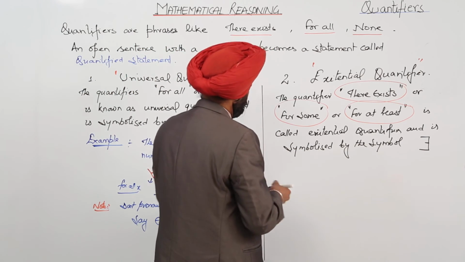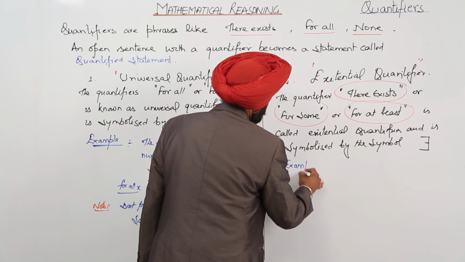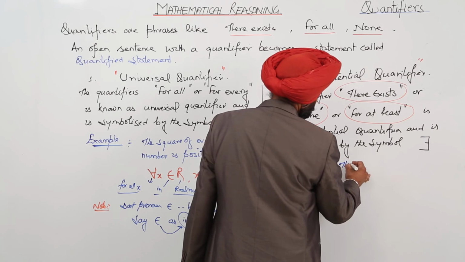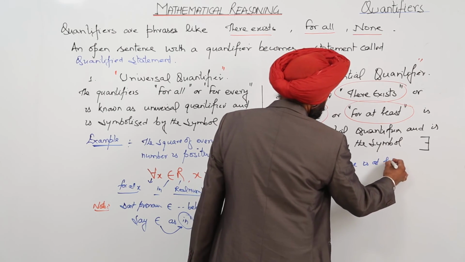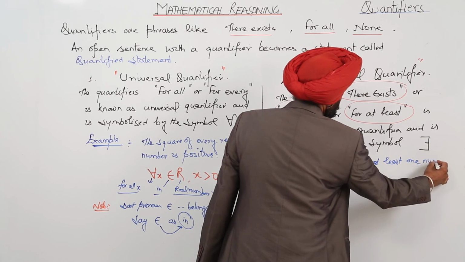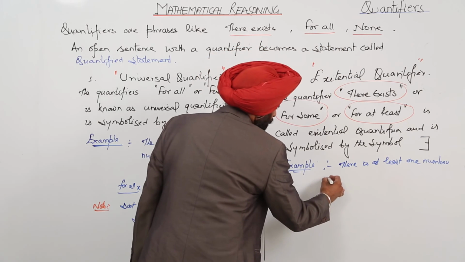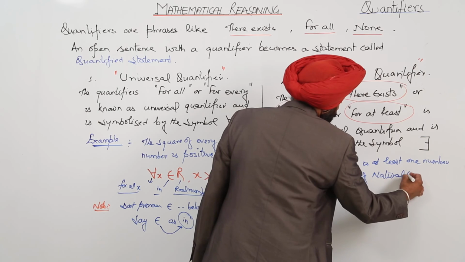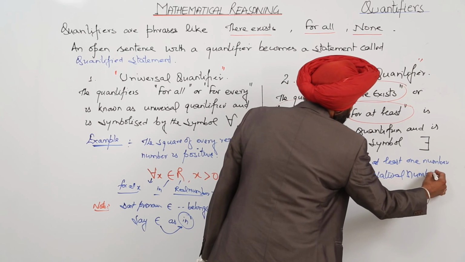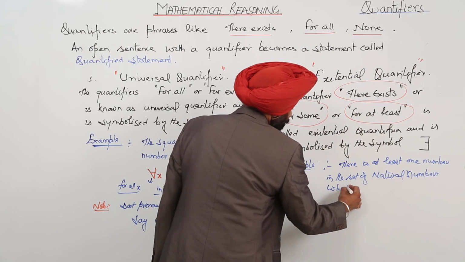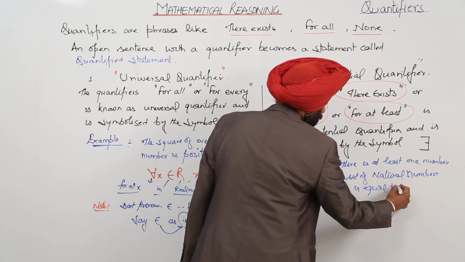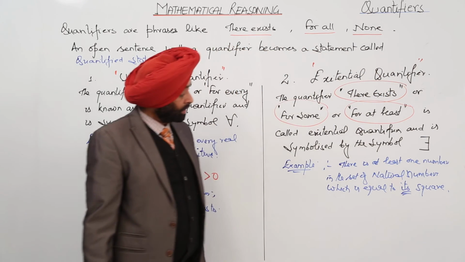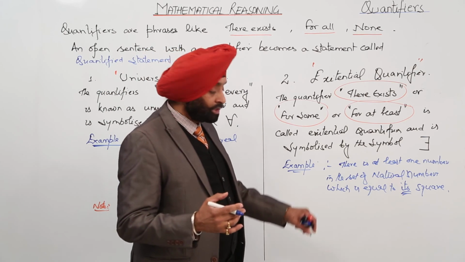Now, for example, suppose we have an open sentence: there is at least one number in the set of natural numbers which is equal to its square.